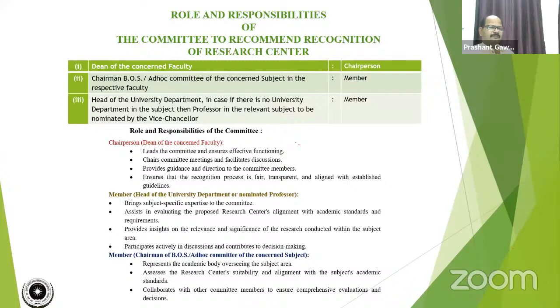If there is no university department, then one of the vice chancellor's nominees is appointed on the RRC. That is again a member of this research center recognition committee.